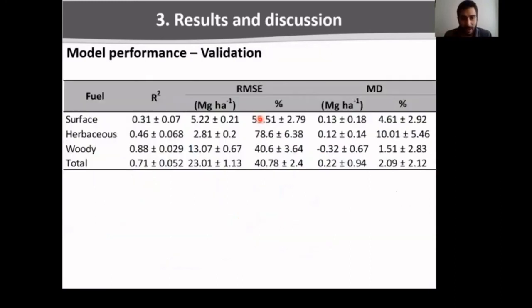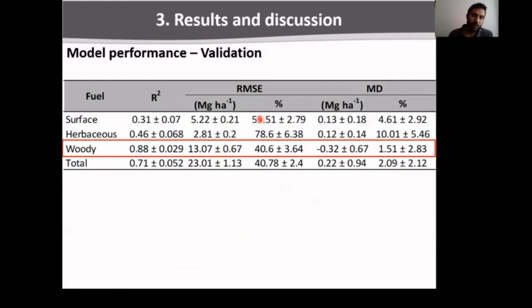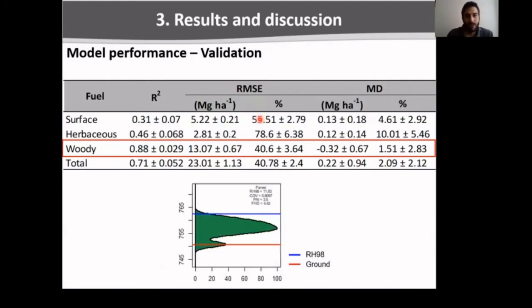In our validation, the results dropped a little, but we also had our best results for predicting woody fuels, which is kind of expected, since most of the energy may stay on the first canopy and in the top of the canopy.